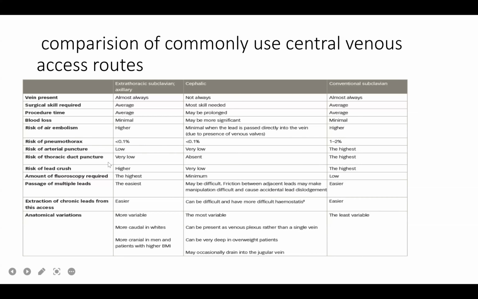Then we also look at the risk of arterial puncture in the extrathoracic subclavian and axillary. It is very low, while the conventional subclavian uses the blind method, using the landmark. Obviously, there is a risk of arterial puncture.